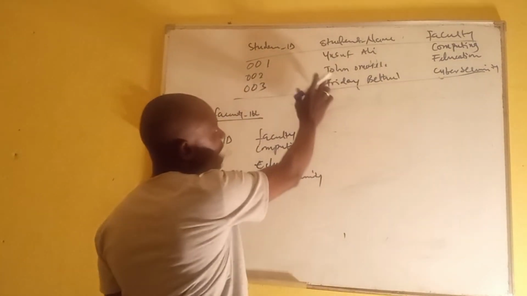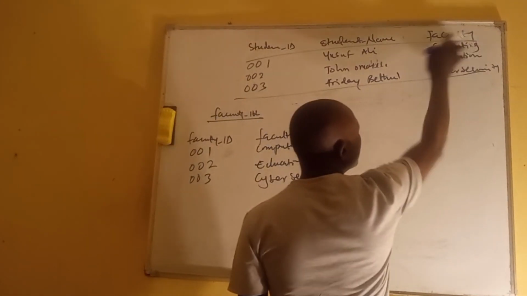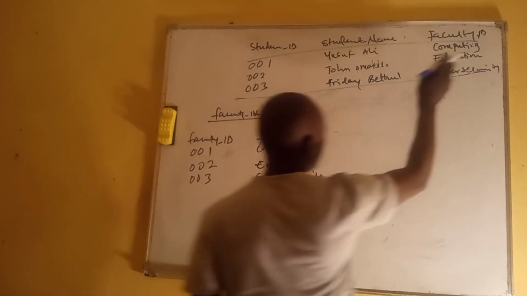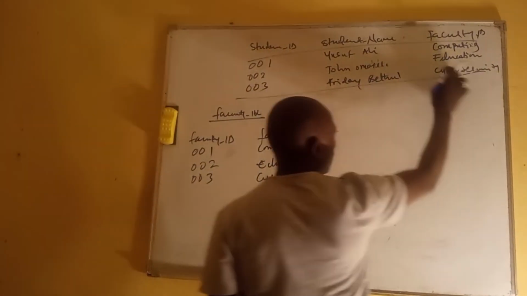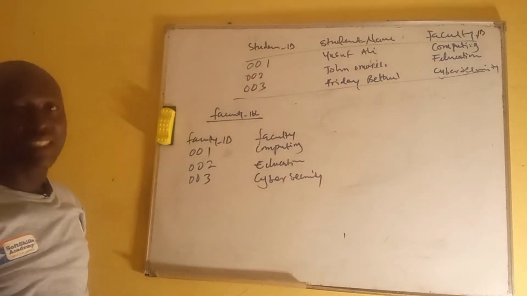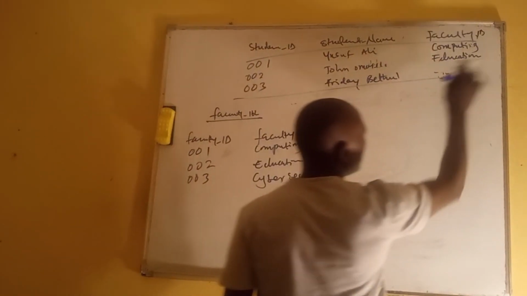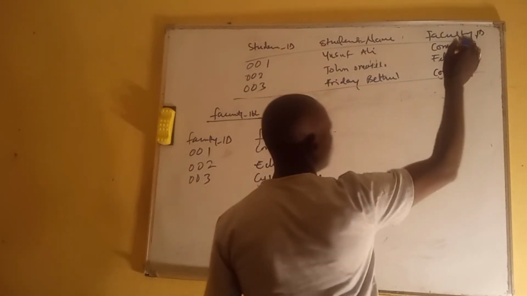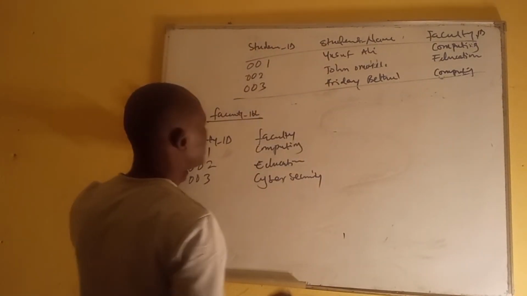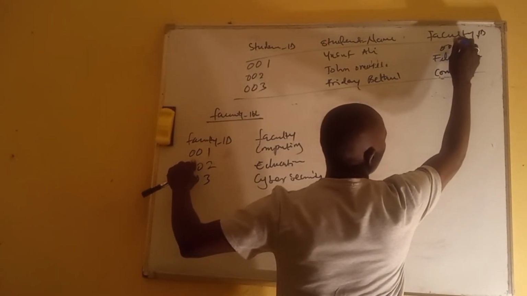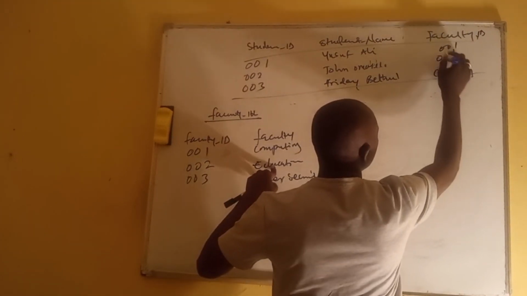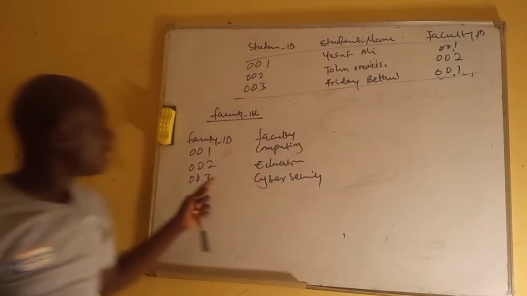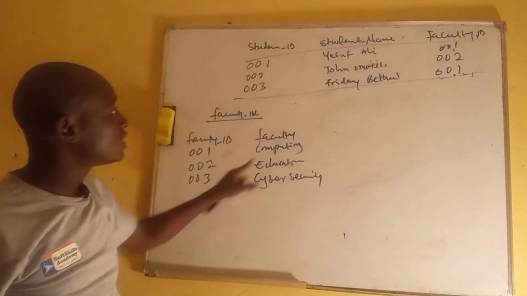So you can enhance this by creating, instead of having faculty, you can have faculty ID now, or instead of this name, you put in the faculty number. So in the case that if this Friday Betway is falling under computing, what you are going to do, this is a computing ID. You should have here 001. Education is having 002. The same computing here 001. So you are looking at it now. So this is a typical scenario of this.